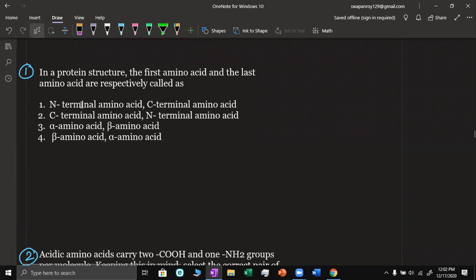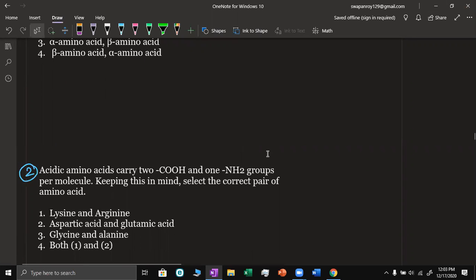Did you do this question, which is given number one? In a protein structure, the first amino acid and the last amino acid are respectively called as what?